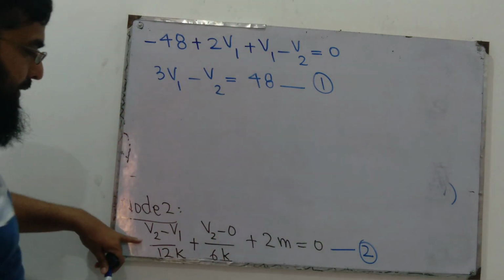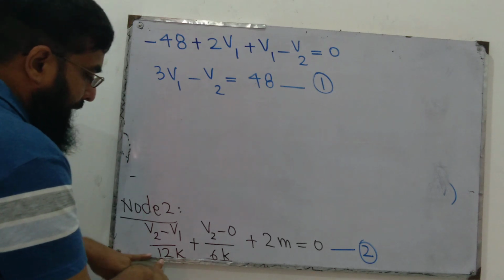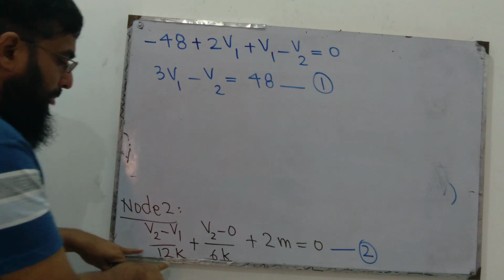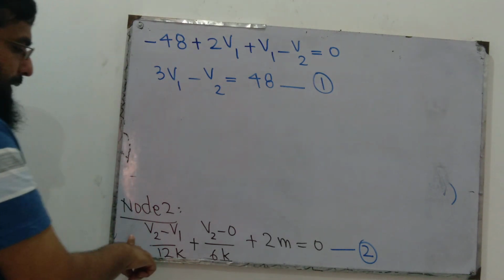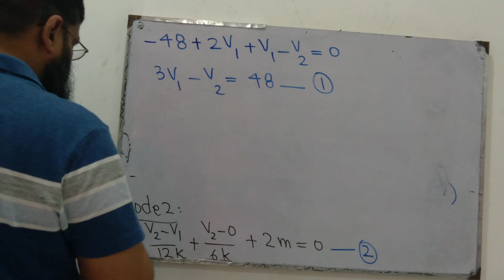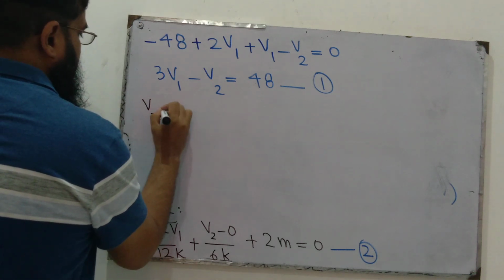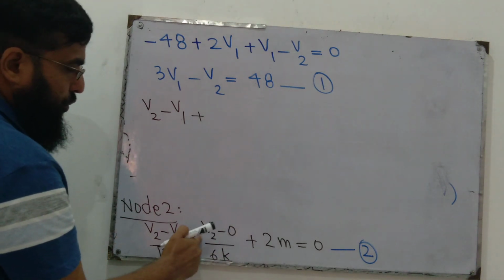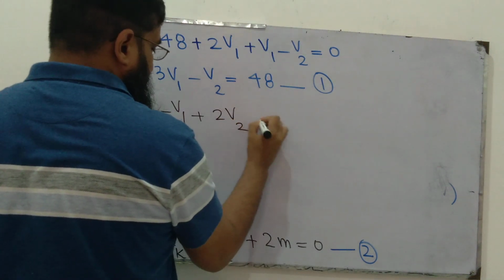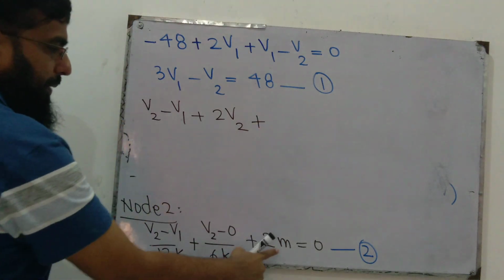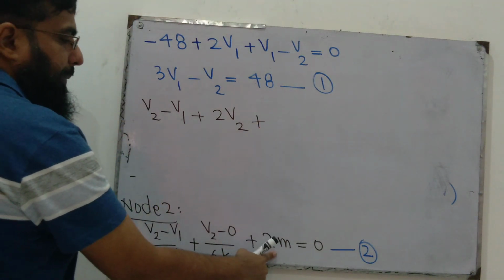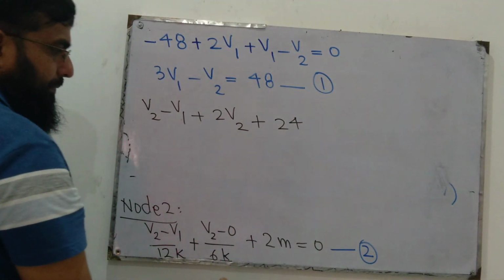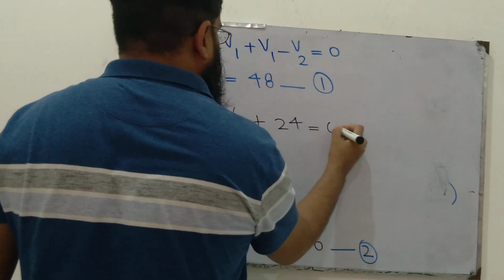Let's rewrite equation number 2. Now we have 12K in the denominator and 6K in the denominator. Multiplying the whole equation by 12K will solve the problem. 12K multiplied by this fraction gives V2 minus V1, plus 12K multiplied by the other fraction gives 2 times V2, plus 12K multiplied by 2 milli. 12 multiplied by 2 is 24, K multiplied by milli is 1, equal to 0.